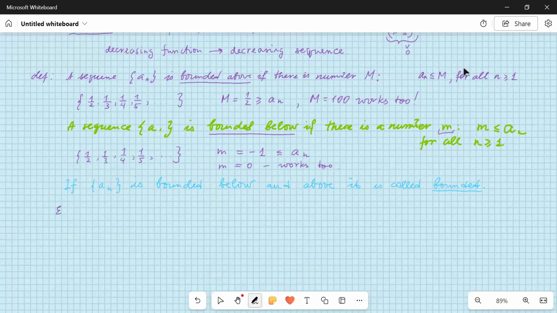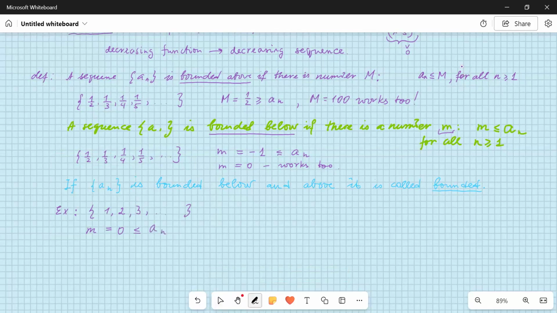Let's consider the next example. A sequence 1, 2, 3, and so on. You see that this sequence obviously has a lower bound, or is bounded below. If you consider m equals 0, it's going to be less than or equal to all terms of this sequence, right? Less than 1, less than 2. Well, maybe I should not write them like this, a_n, right?